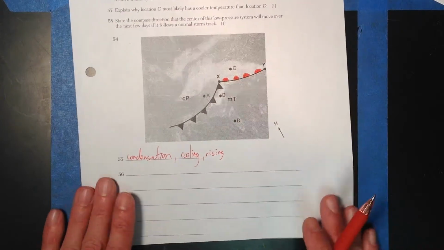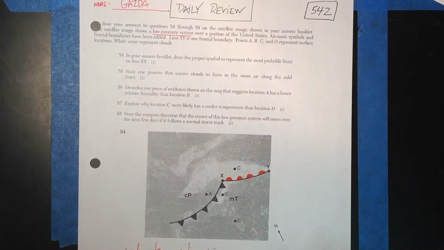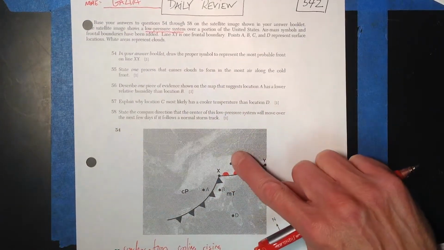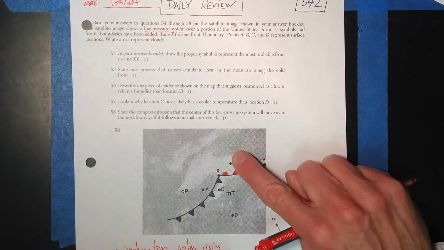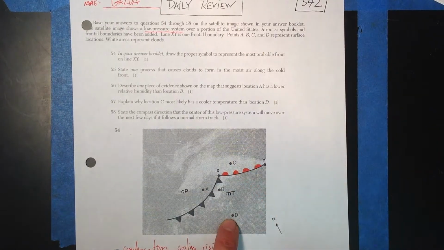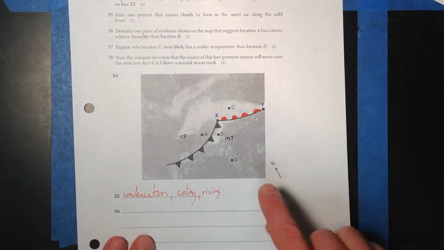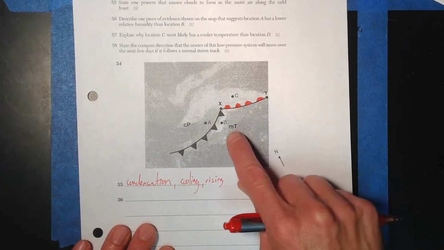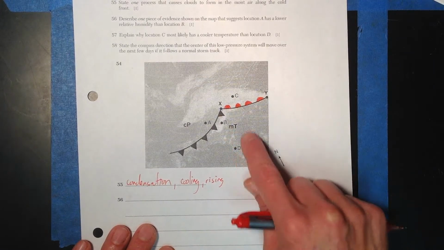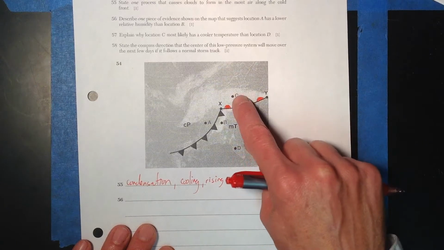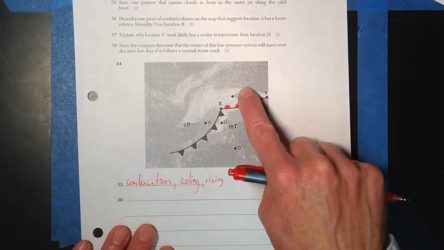57 asks this question. Explain why location C most likely has a cooler temperature than D. Why is C cooler than D? And explain. Explain is never going to be one word, so be careful. I think the best answer here is D is in a maritime tropical air mass, over there. So tropical means warm. C is in this whole continental polar. That makes it cooler.